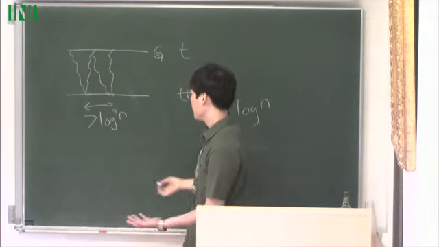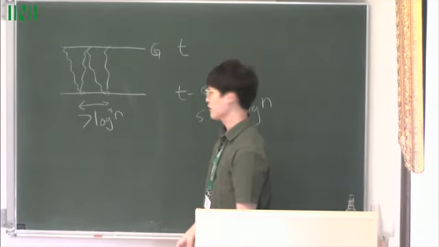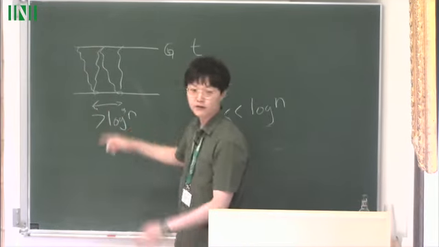So we can only consider these sparse regimes. Okay. And then the information from here cannot flow until here, so we can separate them.